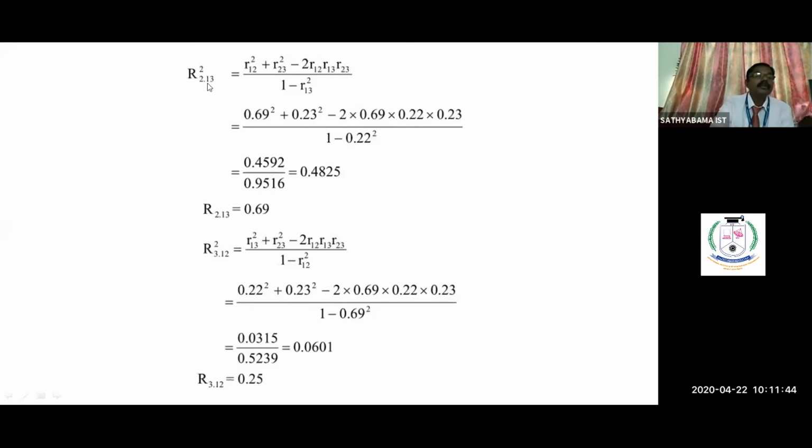Then R23, and all these values R12, R13, R23. The denominator is 1 minus R23 square. Substituting all the values: R12 square, R13 square, R23 square, and 2 times R12, R13, R23. So we are finding this R2.13.